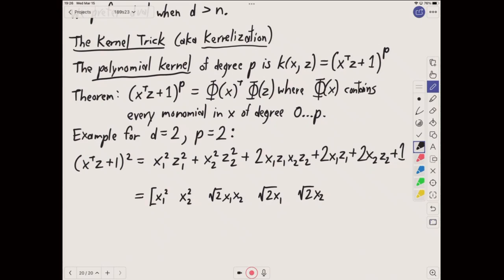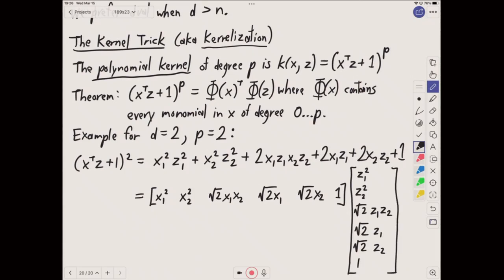And here are the rest of the components. And I'm going to take the inner product of that with another vector that has the same components, only x is replaced with z. All right, I hope you can see how that line follows from the previous line.